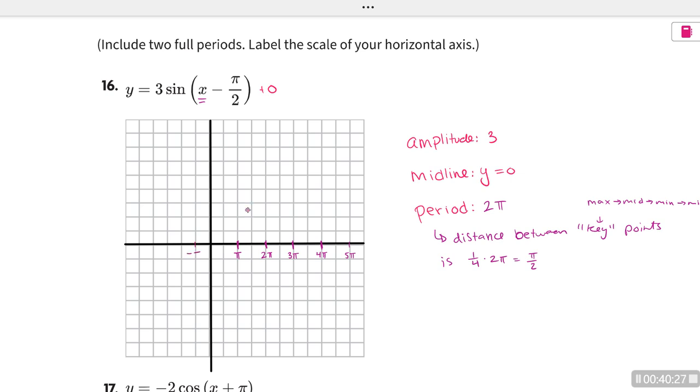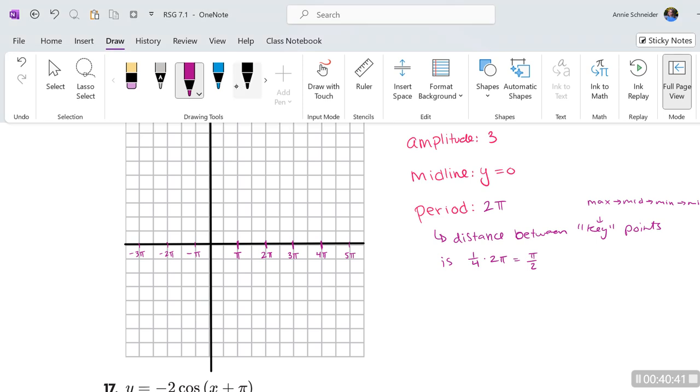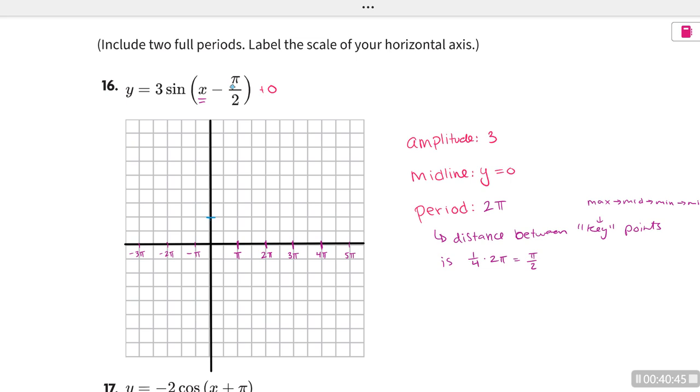And then let's do negative pi, negative 2 pi, negative 3 pi. So we're going to fit plenty in here, much more than we need. You could count every other if you prefer. Okay, and let's count by 1, 2, 3.